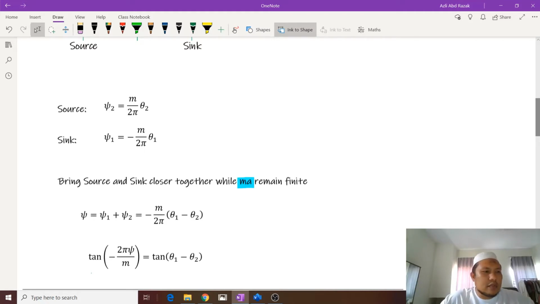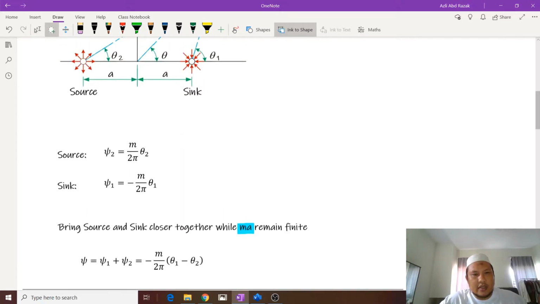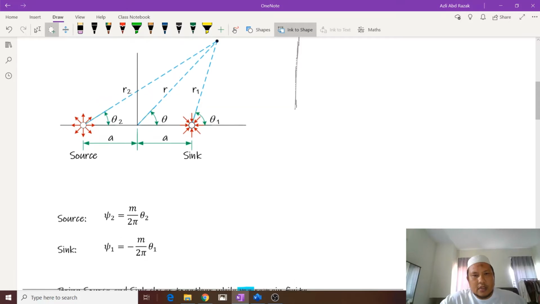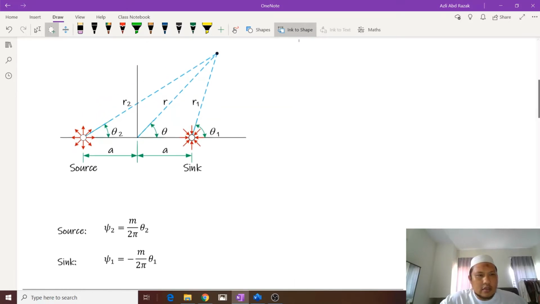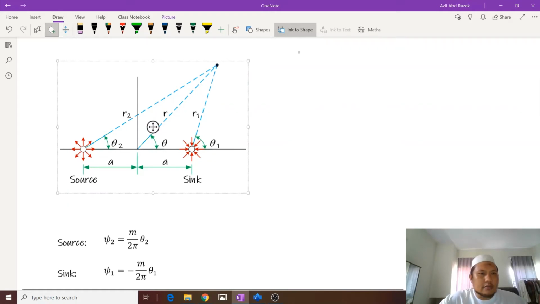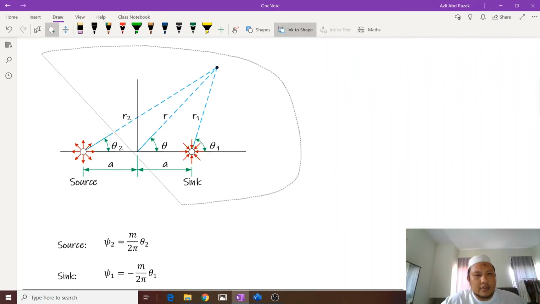The distance is a. What is a? Okay, back to these figures, maybe we can see the distance a clearly. We can copy this figure first.